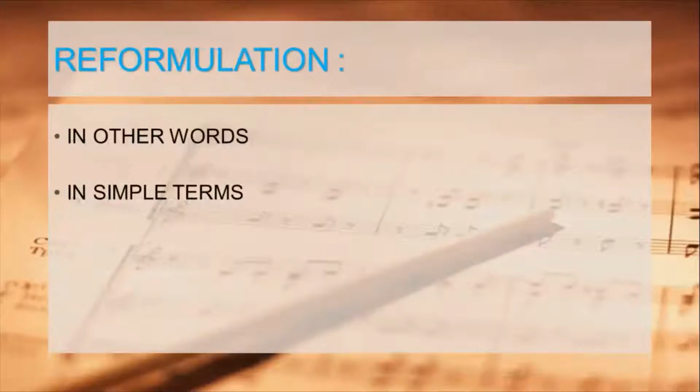If you want to reformulate, in the sense that you want to give a clearer explanation, you can say, in other words, in simple terms, to be precise, to be clear. Such words can be used to reformulate your sentence. If you have said something in your topic sentence, the first sentence in your paragraph, and it is a bit confusing and you need to explain it further, you can use in other words.